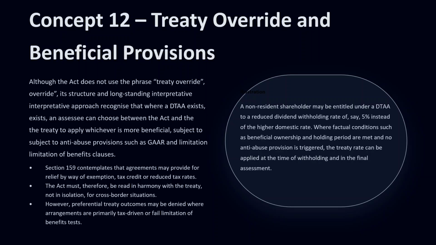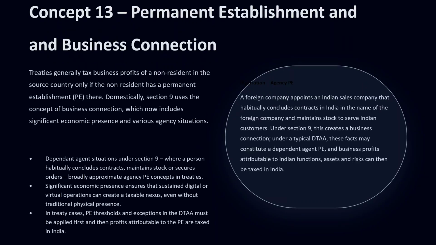So if the shareholder can demonstrate that it is a resident of a treaty partner and meets the treaty conditions, and no anti-abuse provision is triggered, in that case the lower 5% withholding tax rate can be applied at the time of withholding, and it would be treated as the rate applicable at the time of final assessment as well. So this is the concept of treaty override and beneficial provisions.